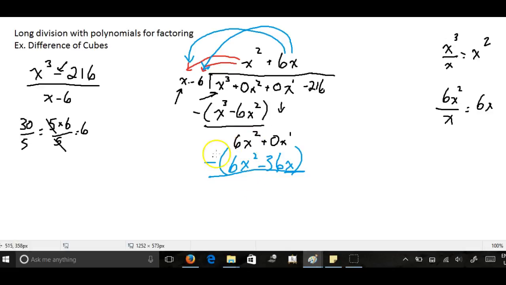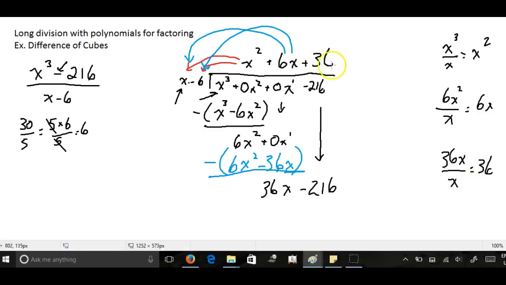Alright, 6x squared minus 6x squared is 0. And 0x minus 36x is the same as 0x plus 36x, which is 36x. Bring down the next term, minus 216. And start over again with the division. X into 36x, or 36x divided by x, which is 36. So 36 goes up here. Now we multiply.